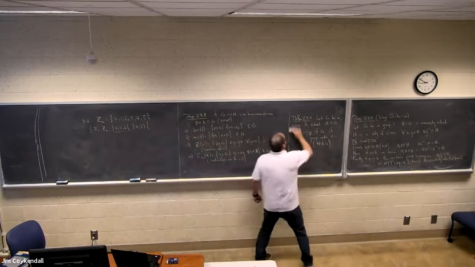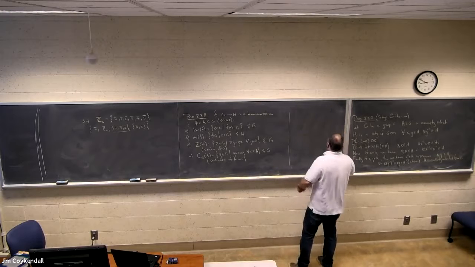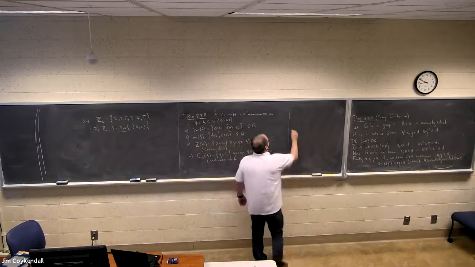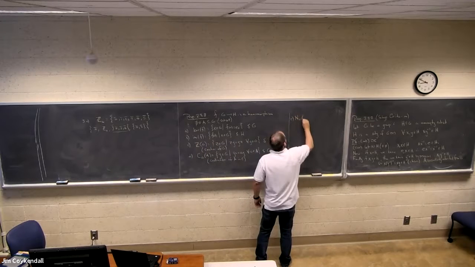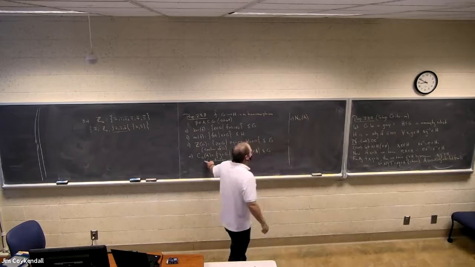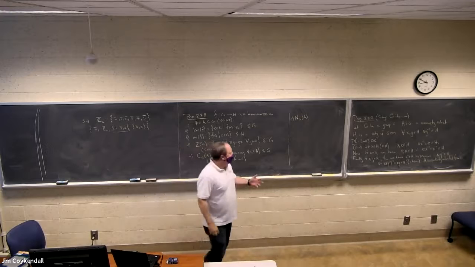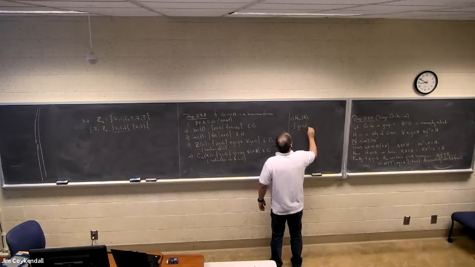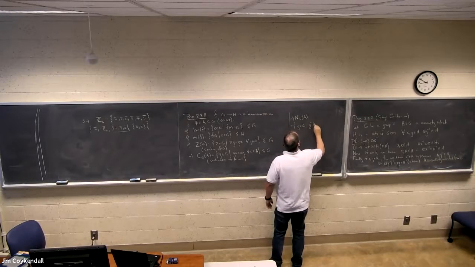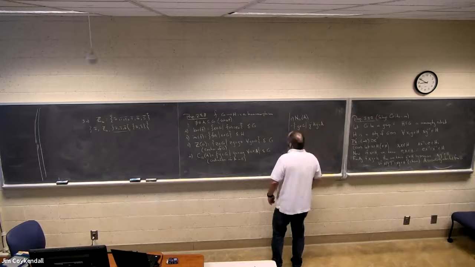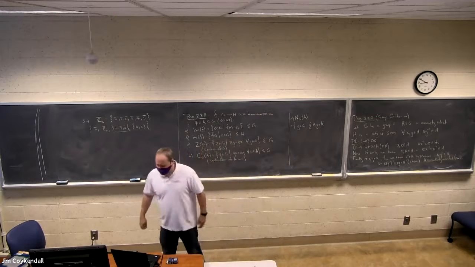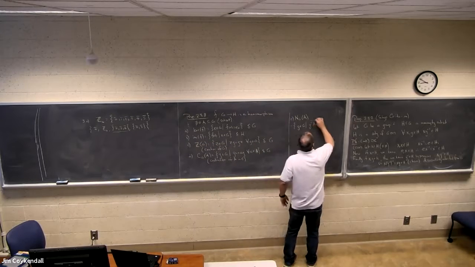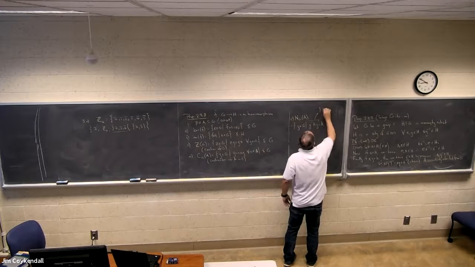And one more, and that'll be it for today, is the famous normalizer. This is actually a generalization of the centralizer. It turns out that the normalizer contains it. This is the set of G in G such that G A G inverse equals A. Let me clarify what this means.